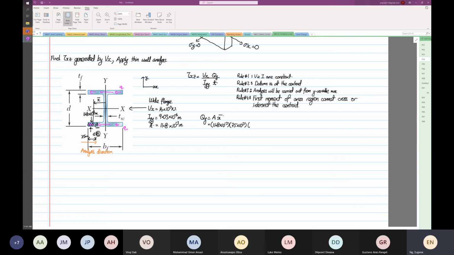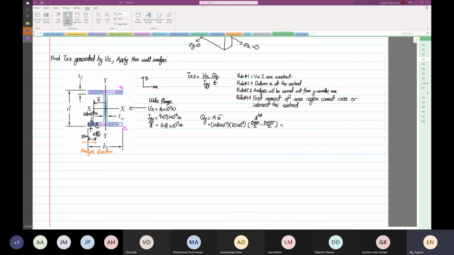The X bar is equal to 0.166, because this is the BF, minus 0.075, divided by 2. So from here, we get 0.166 divided by 2 minus 0.075 divided by 2, times 75 to the power of 3 times 11.8 to the power of 3. So it's equal to 40. Down here, I forgot the times 10 to the power minus 3.